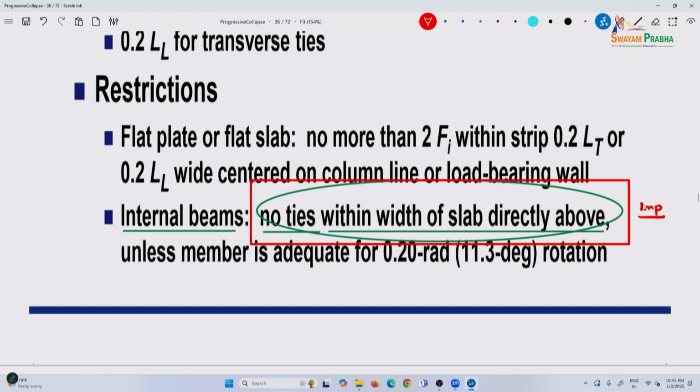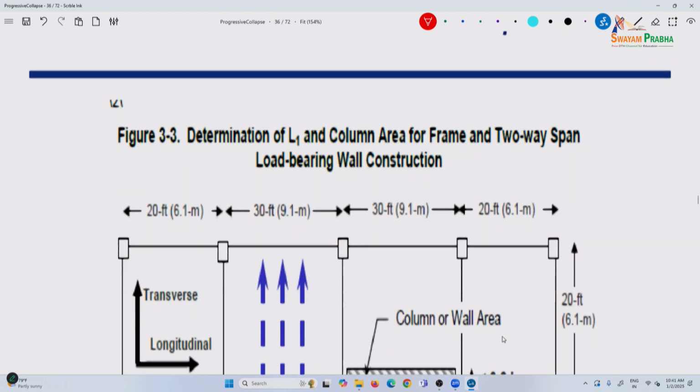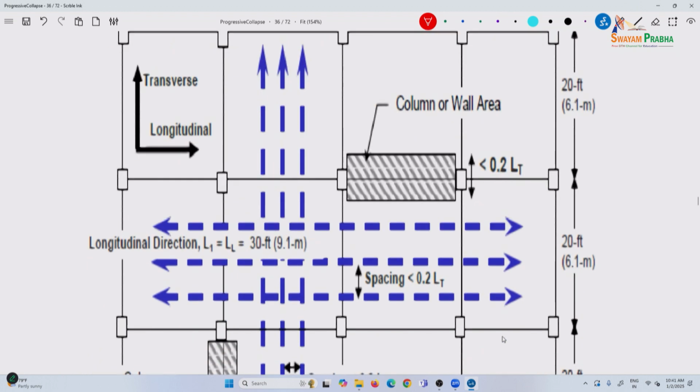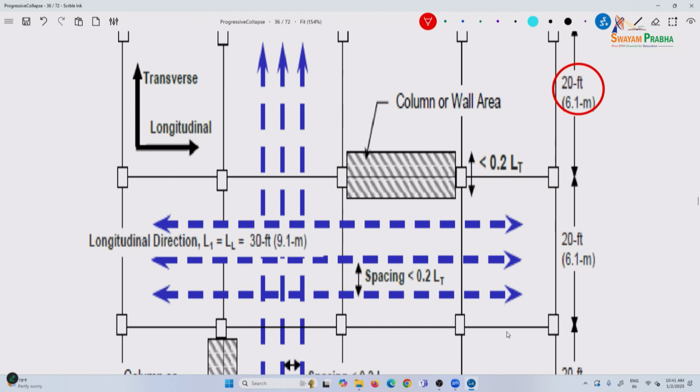All ties are provided inside of the slab, I mean inside of the beam. So, determination of LL and LT, if you see here, now this is 20 feet, so there are different spans: 20 feet, 30 feet, 20 feet and 20 feet.